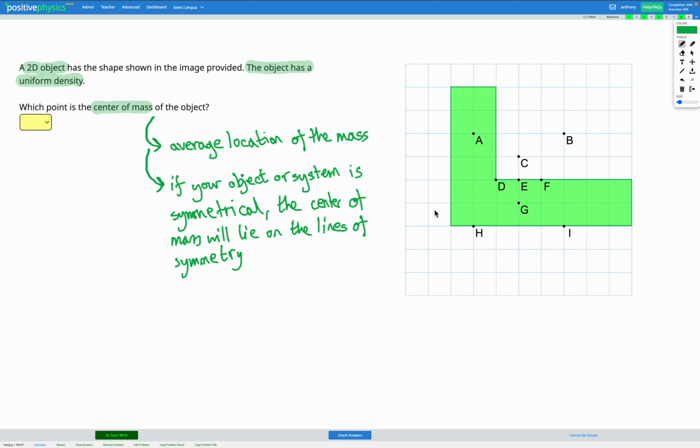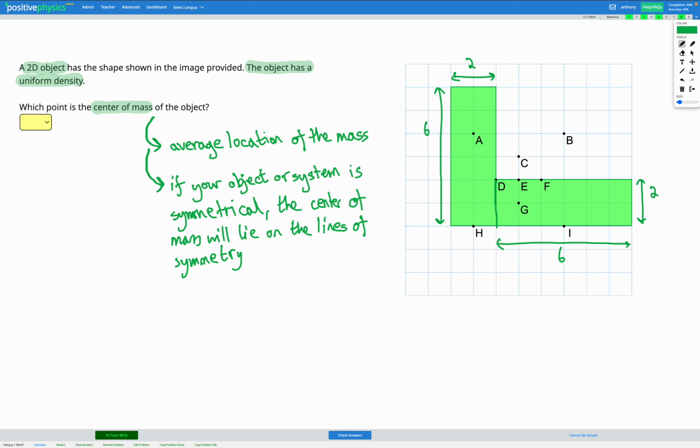So if I put a line here on my diagram, then I end up with a shape here that's 2 squares by 6 squares. And then my other shape here is also 2 squares by 6 squares. So 2 identical shapes with uniform densities.